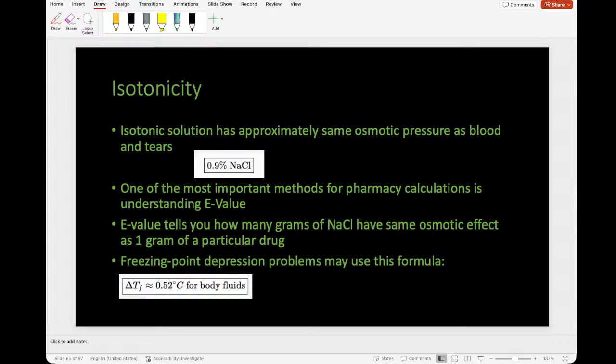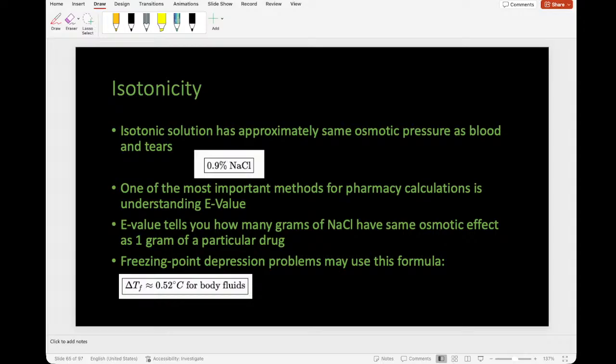Isotonicity basically has to do with the osmotic pressure of blood and tears. So one of the most important methods of pharmacy calculation is understanding E value. The E value tells you how many grams of sodium chloride have the same osmotic effect as 1 gram of a particular drug.